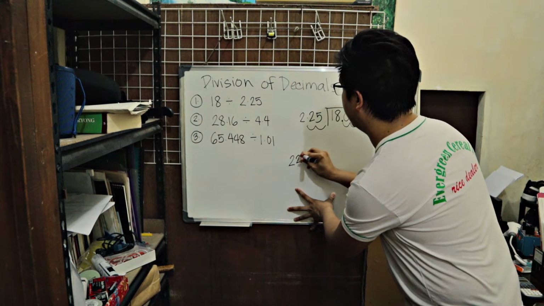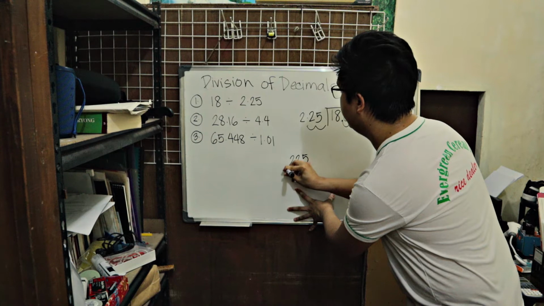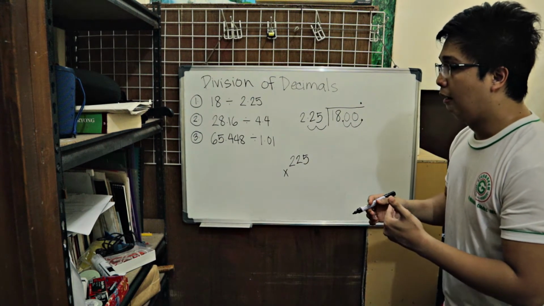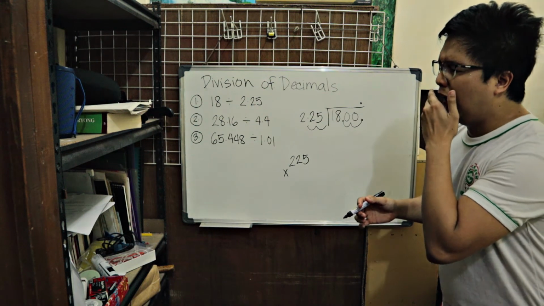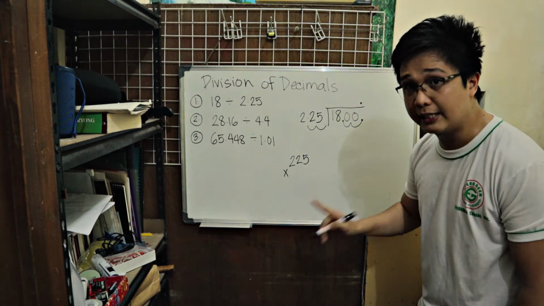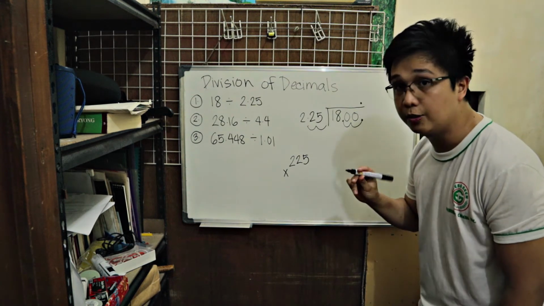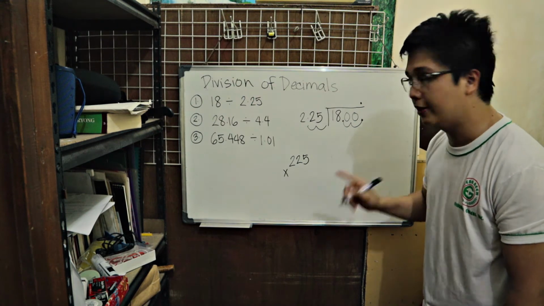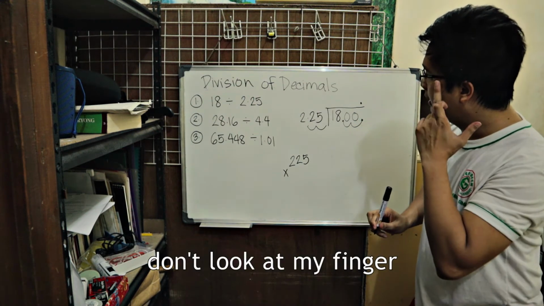225 times, matry ta pangita sang number na kung i-multiply sa 225 will give us 1,800 or a number that is very close.